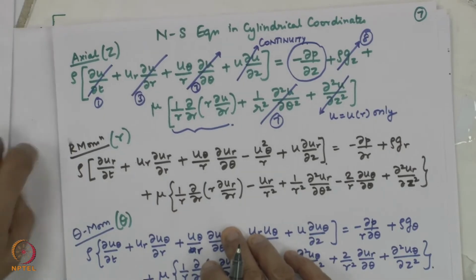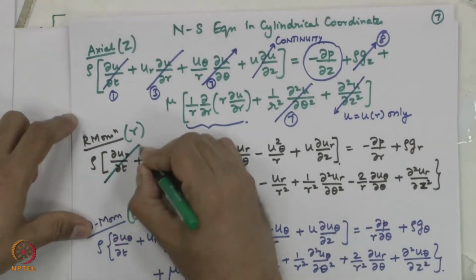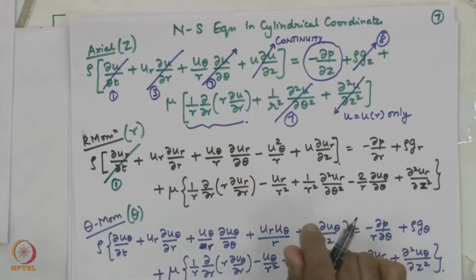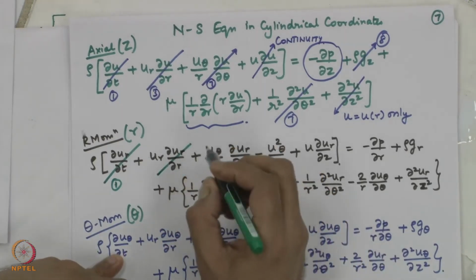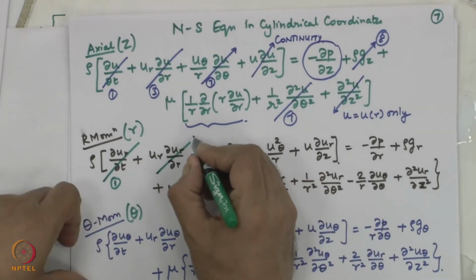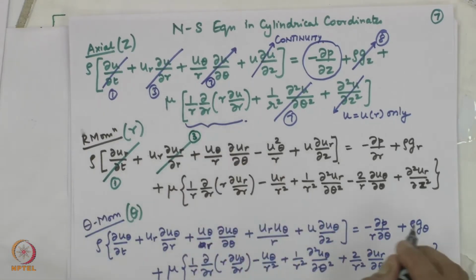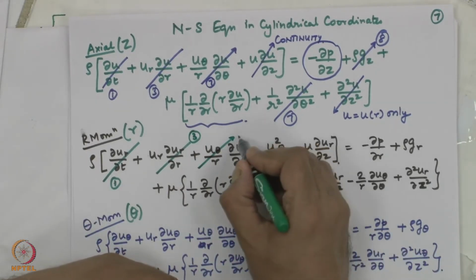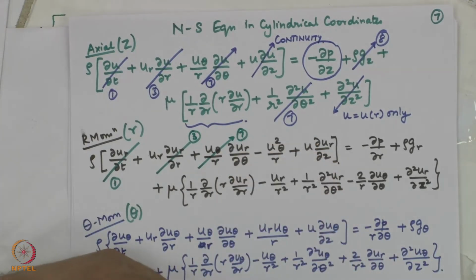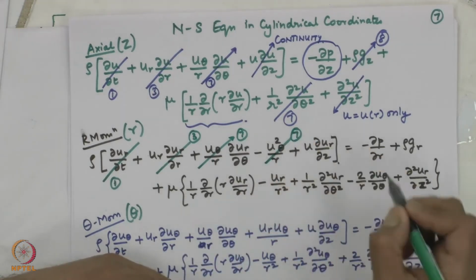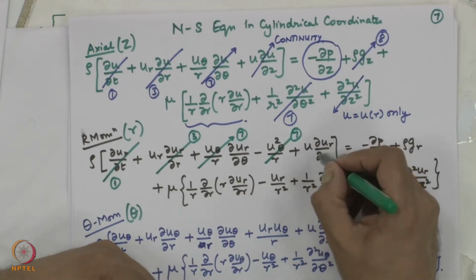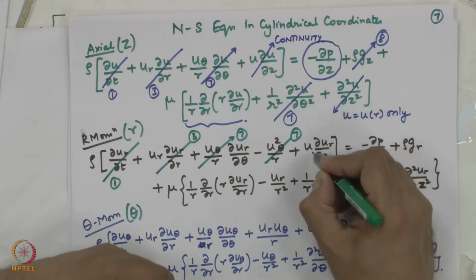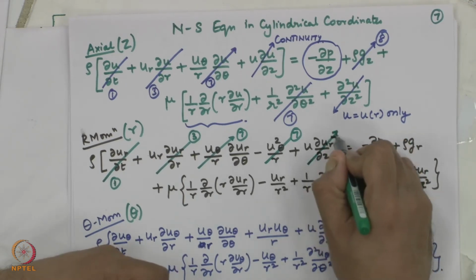R momentum equation, again you have steady state, this is assumption 1. u r is 0, it is a parallel flow problem. So, this is 0. u theta was 0, number 7, so this also goes to 0. There is no radial component of the velocity, so this also goes to 0.